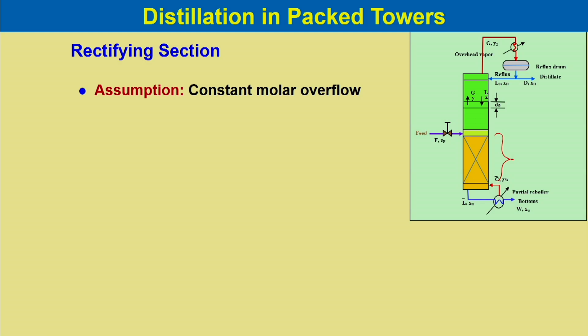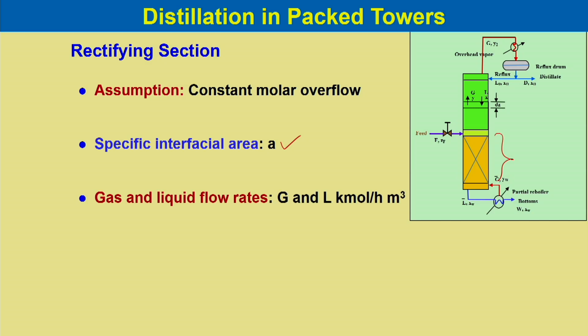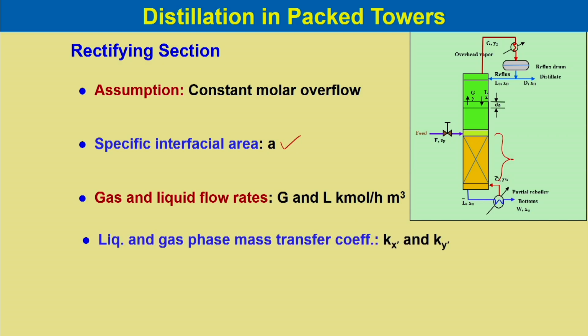Now, the assumptions over here are constant molar overflow and specific interfacial area is a. So, the unit of a is meter square per meter cube of packing. Gas and liquid flow rates G and L in kilomole per hour meter square. Liquid and gas phase mass transfer coefficients Kx dash and Ky dash.